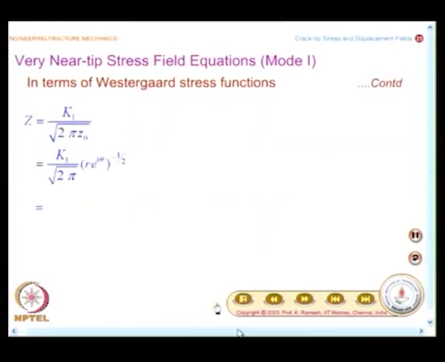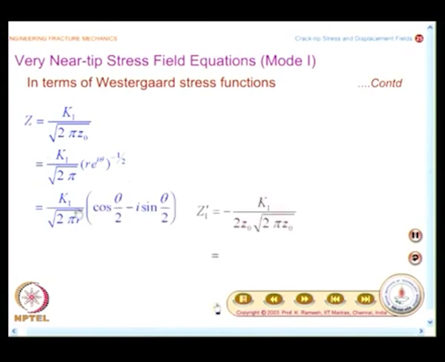Now, we will get the expression in terms of r and theta. This we had seen already. So, I can write capital Z as k1 by root of 2 pi r into cos theta by 2 minus i sin theta by 2.